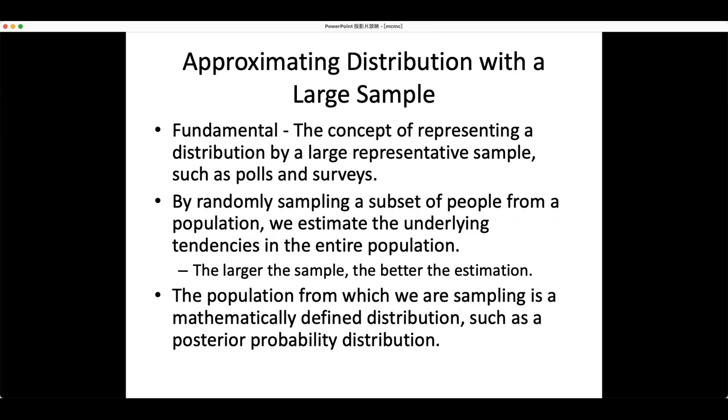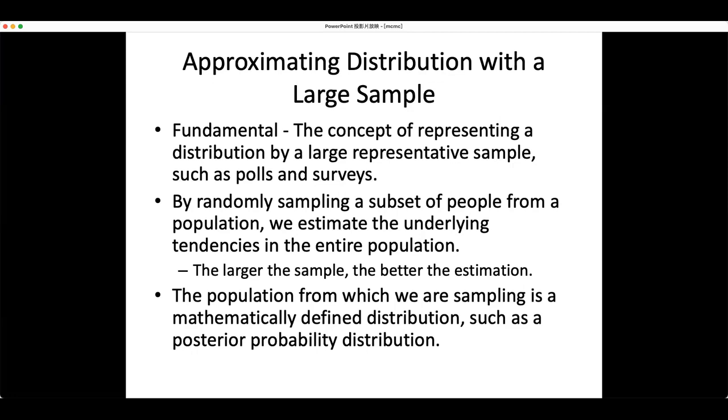The fundamental concept is representing a distribution by a large representative sample, such as polls and surveys. A random sample is simply a subset of people from a population. We want to estimate the underlying tendencies in the entire population.